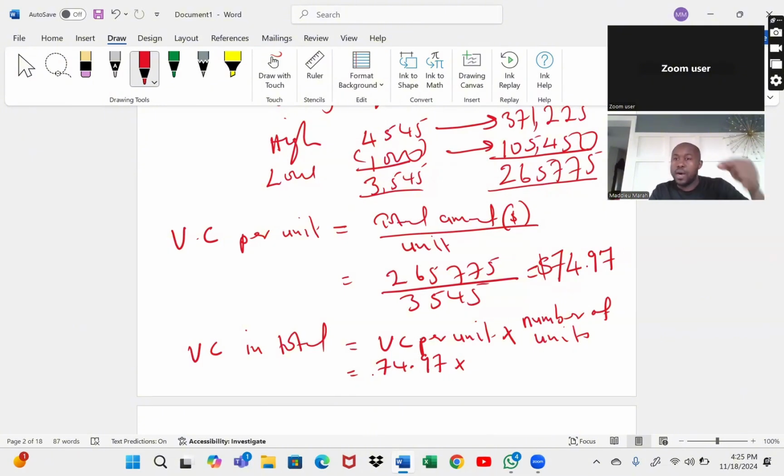The low unit is 1,000. Whichever one you use is fine. Let me use the high unit, 4,545. So my variable cost in total is 74.97 multiplied by 4,545. This will give me 340,738.6. Let me round up.